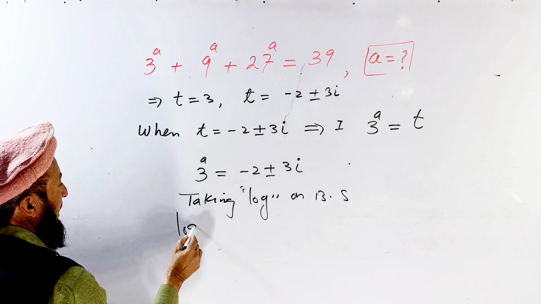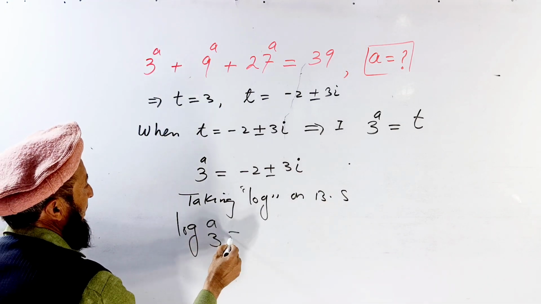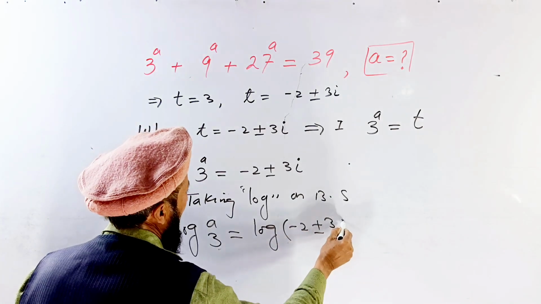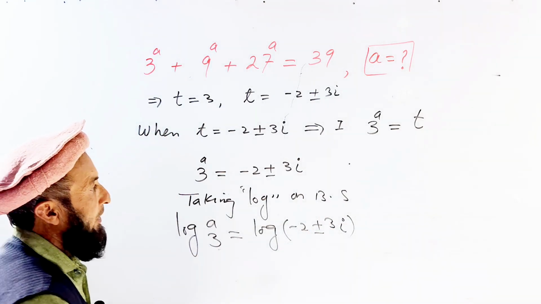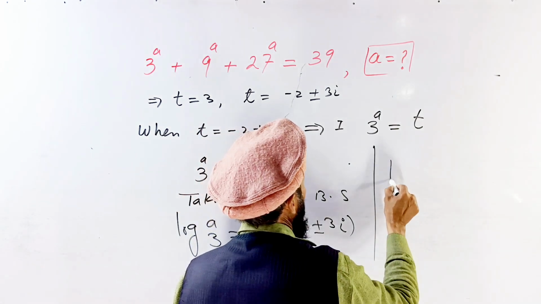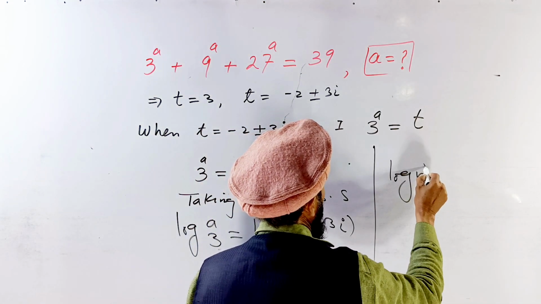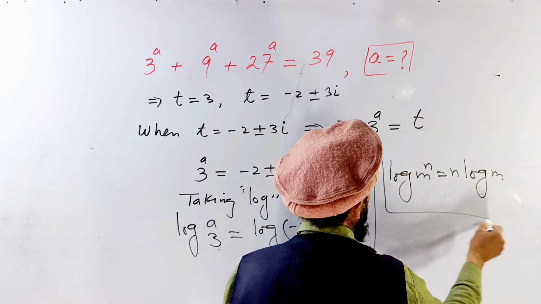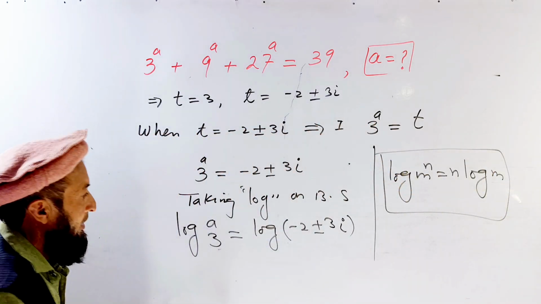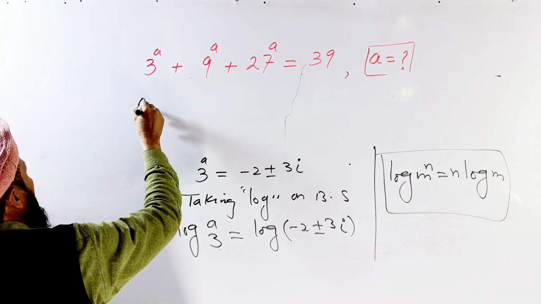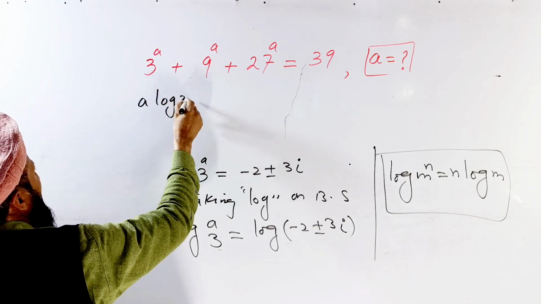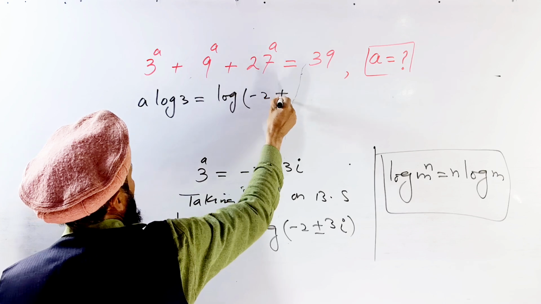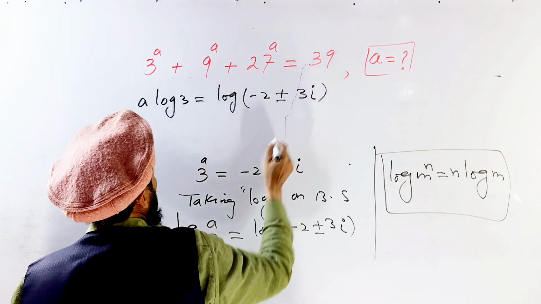We can take log of 3 exponent a equal to log of minus 2 plus 3 iota. Here we use the exponent rule: log of m exponent n is equal to n log of m. According to this rule, we can write a log of 3 is equal to log of minus 2 plus minus 3 iota.